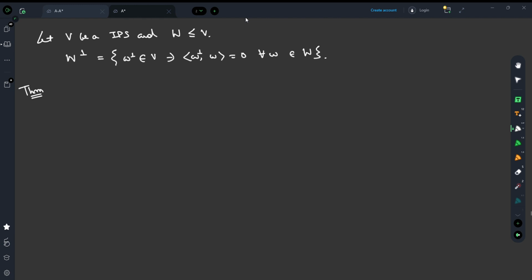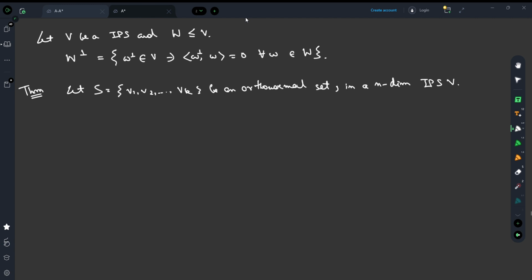The theorem is as follows. Let S, say v1, v2 till vk, be an orthonormal set. Now, quick recall that orthonormal sets are already linearly independent. We will be talking about bases in this theorem, so we need a finite dimensional inner product space, let's say an n dimensional inner product space.